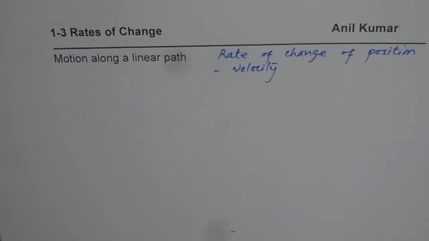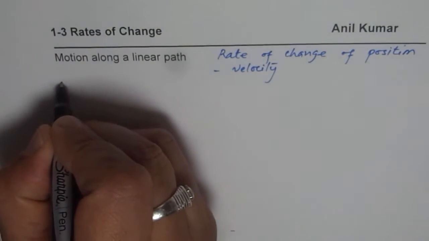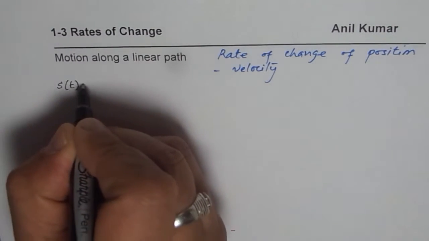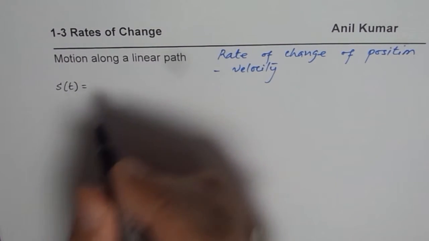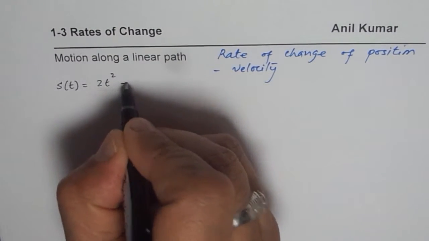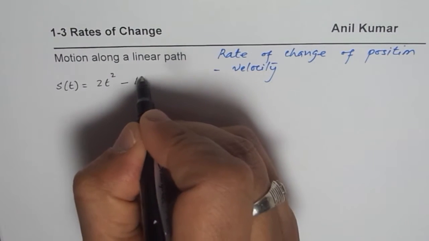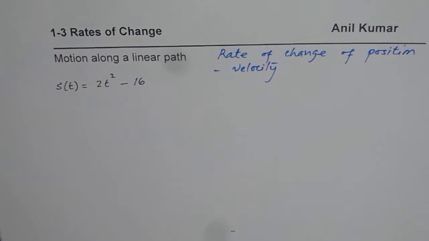To start with, let me take up an equation and then we work on that particular equation. Let us say that the position s with respect to time is given by the formula 2t square minus 16.